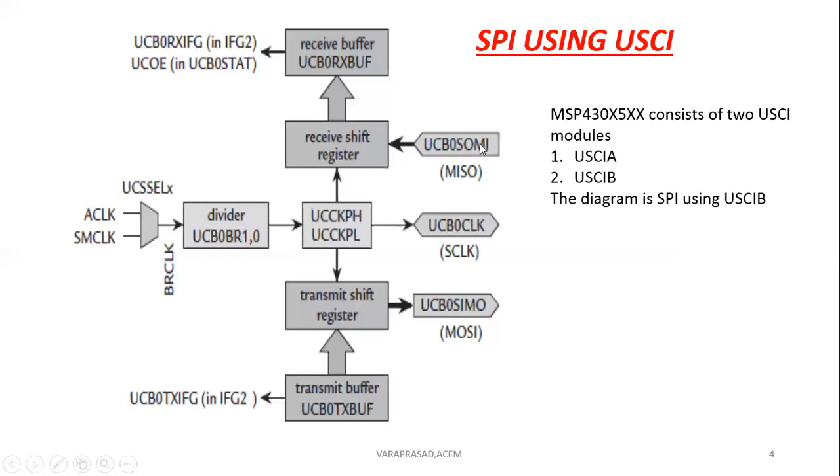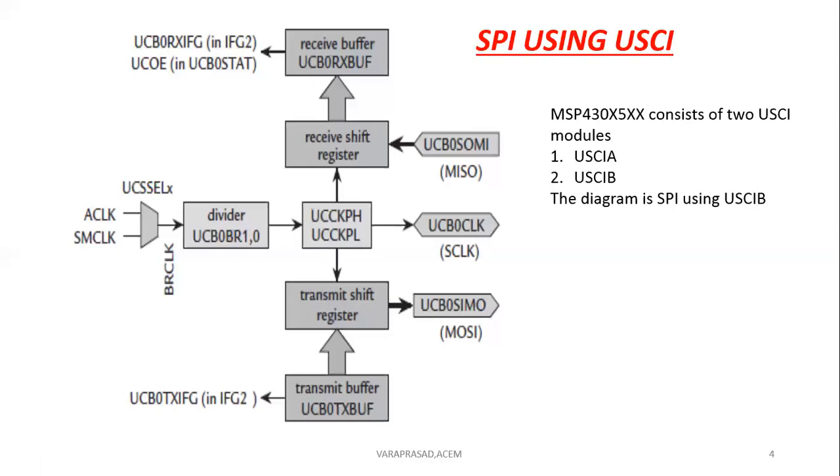Okay, so master in, that means master will be receiving, and whatever the slave will be transmitting. So then this received data is placed in a receiver shift register. That will be these shift registers, both transmit and receive shift register, shifting the bits one by one for every one clock pulse.